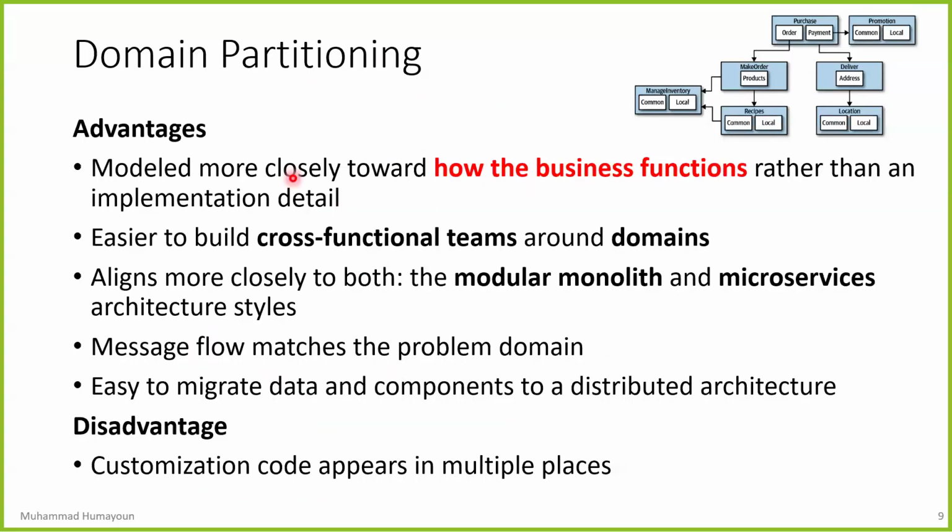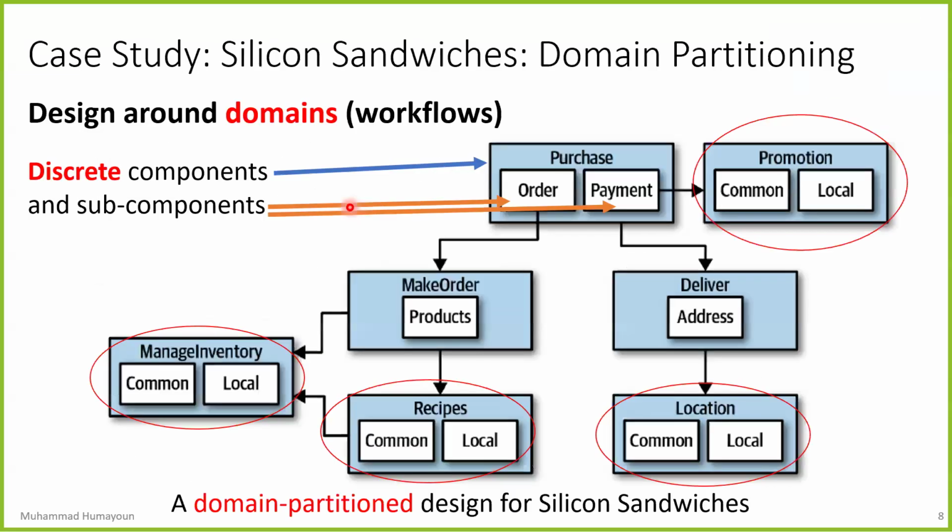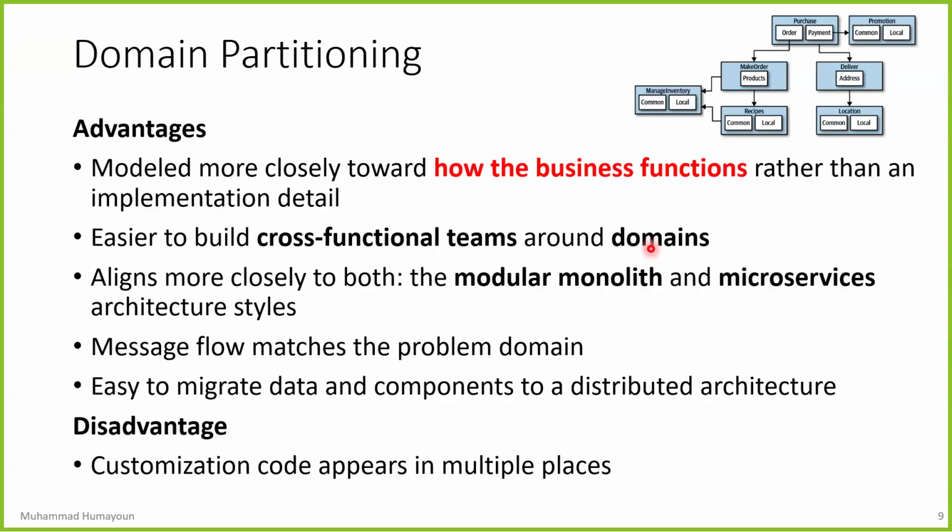Okay, what is the disadvantage? As we saw, you have customization code here, here, here, and here. So you are repeating yourself maybe. That is a disadvantage. The customization code appears in multiple places.